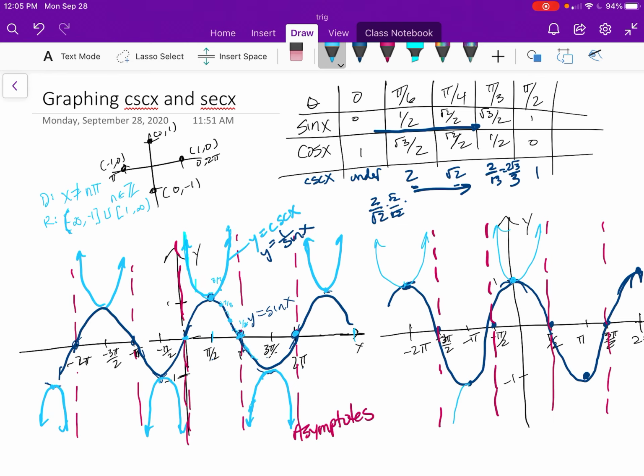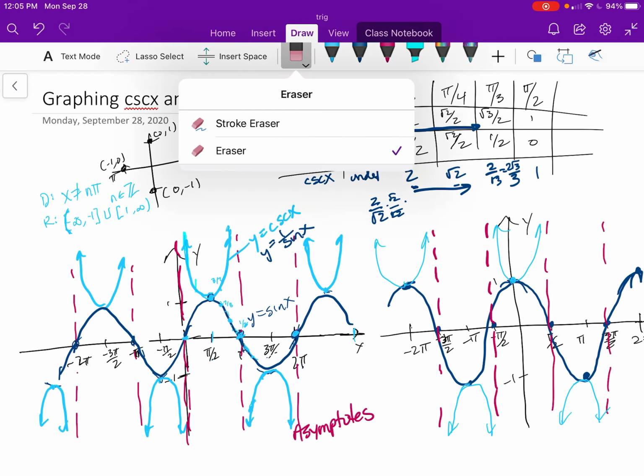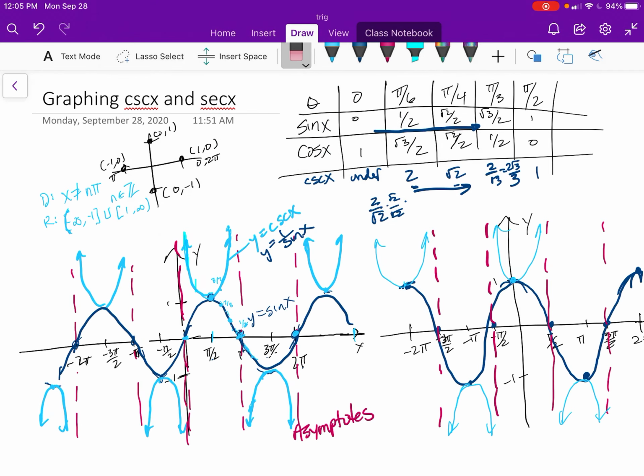And anywhere there's a min at -1, I'm going to draw that parabola going down. And then I would just erase cosine. Oh, I missed that last one. That's okay. Okay. And now I have my graph of secant, which is 1 over cosine.